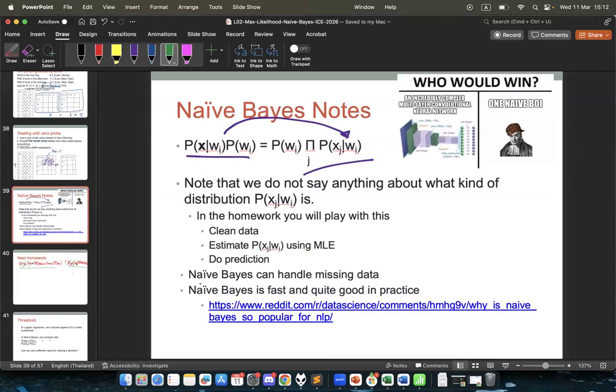So naive Bayes can handle missing data. That's the good part. And it's also very fast and quite good in practice. For example, you can look at this discussion on Reddit that talks about how naive Bayes is very popular in NLP, things like that.